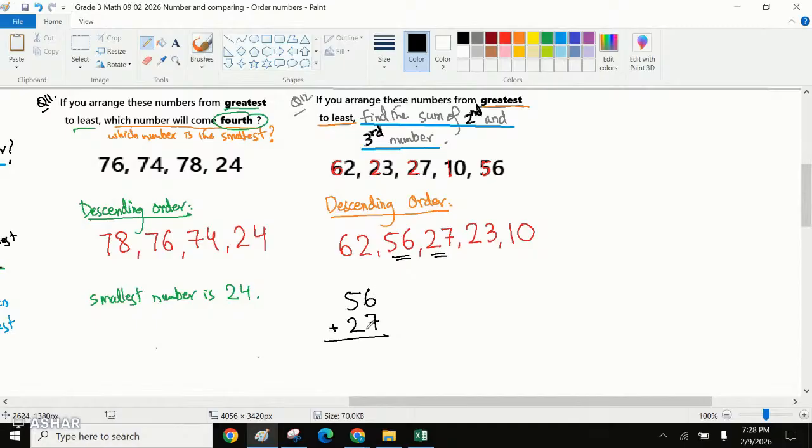6 plus 7 is 13. We carry 1. 1 plus 5 is 6, 7 and 8. Okay, so we can say sum of second and third number in this sequence is 83.